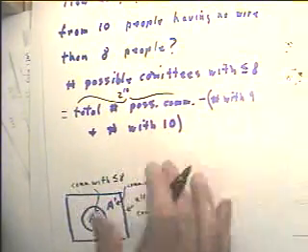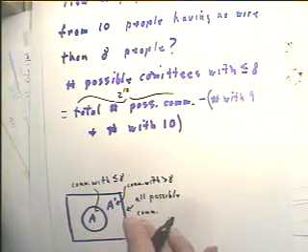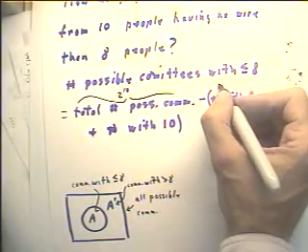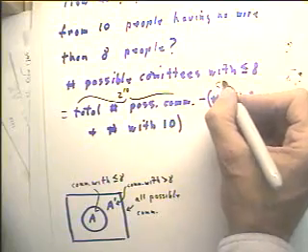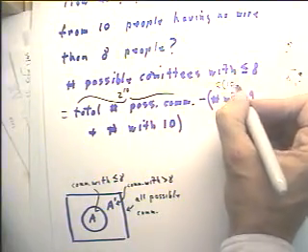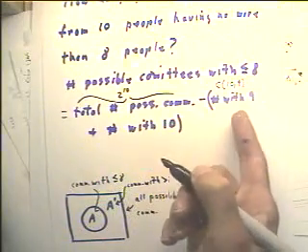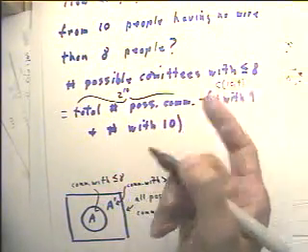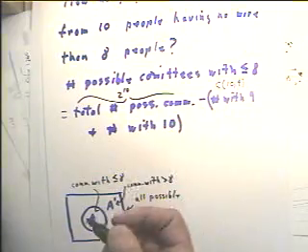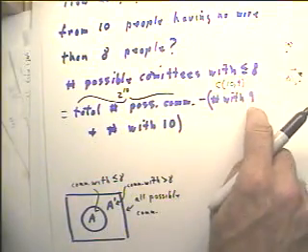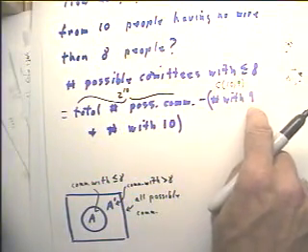The number of committees that have 9 people would be the number of combinations of 9 people out of 10. Actually, there would only be 10 such committees. That's what this combination will come out being equal to, because there are 10 people and one person's got to be excluded to make a committee with 9 people.